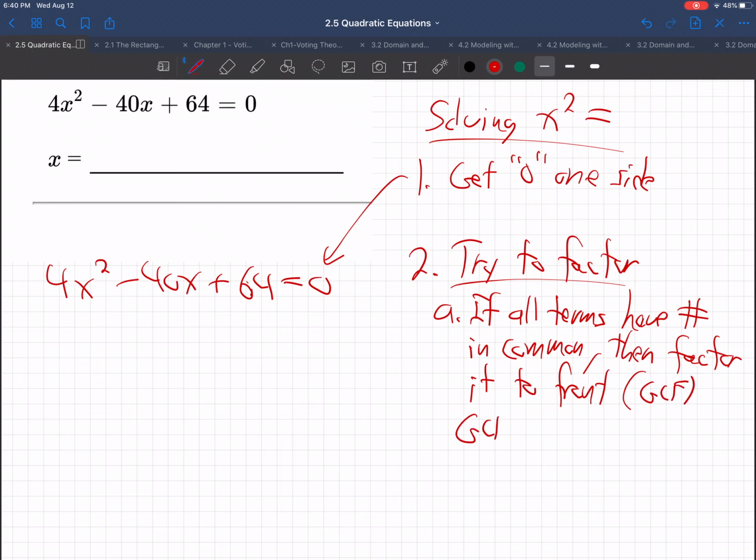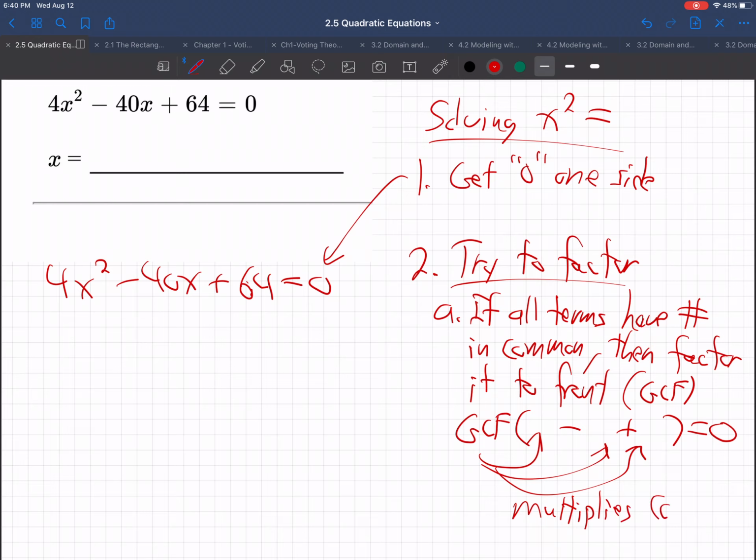So I'm going to go GCF, one big old parenthesis equals 0. And then what goes inside, minus, plus, whatever multiplies correctly. Never multiplies correctly. So what am I talking about?